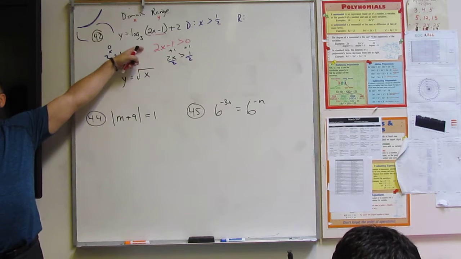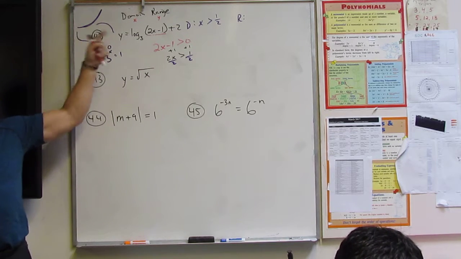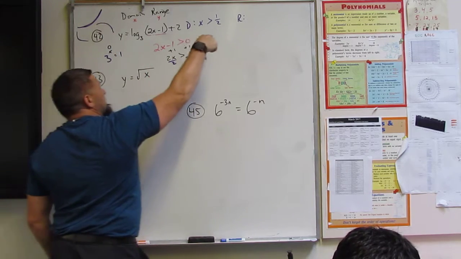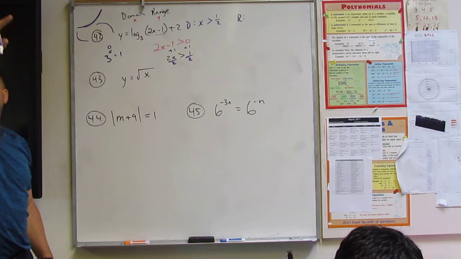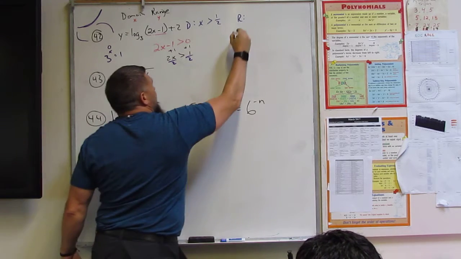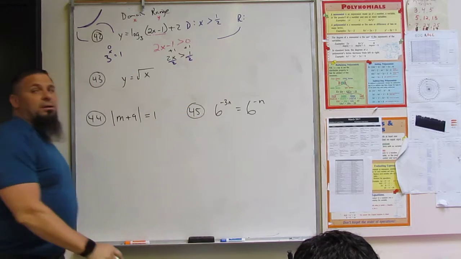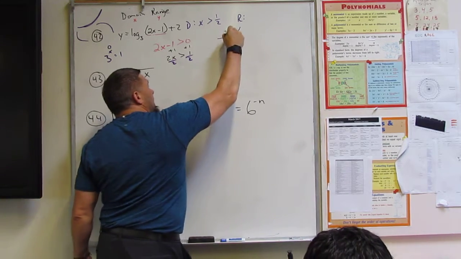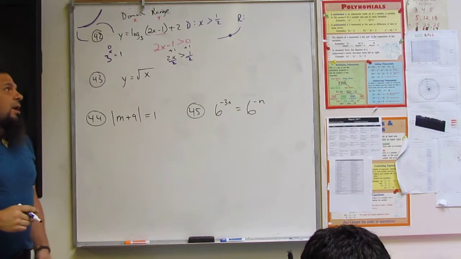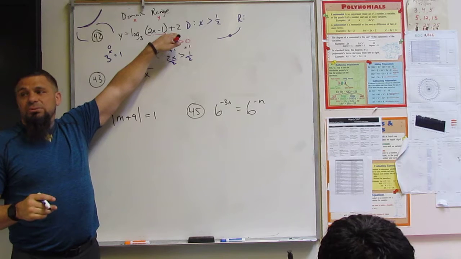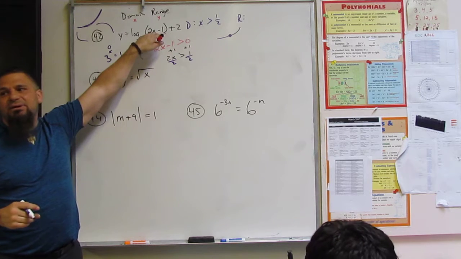But then you can't reach 1/2. So the closer x gets to 1/2, the smaller this thing gets, right? And then it hits 1 here, okay? And so you'll be really close to 2, because this can't get to 0.